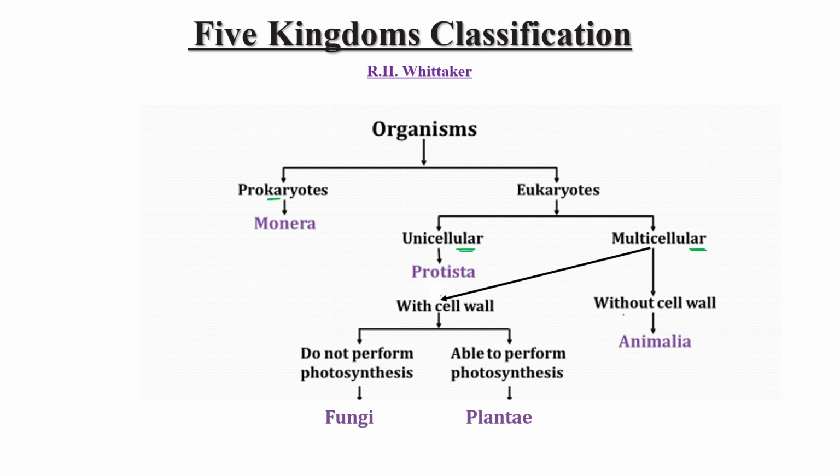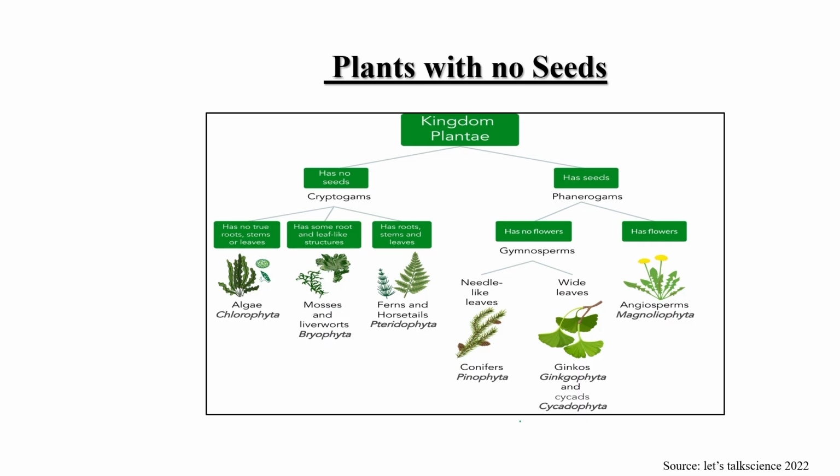Those not having cell wall come under animalia, and those having cell wall are further categorized into 2 different kingdoms. Those that are not able to perform photosynthesis come under fungi, and those able to perform photosynthesis come under kingdom plantae. Further, kingdom plantae is subdivided into cryptogams and phanerogams.